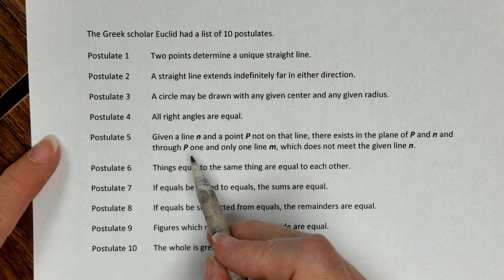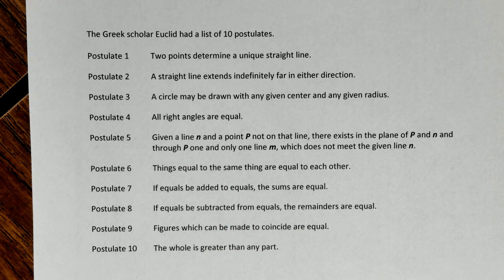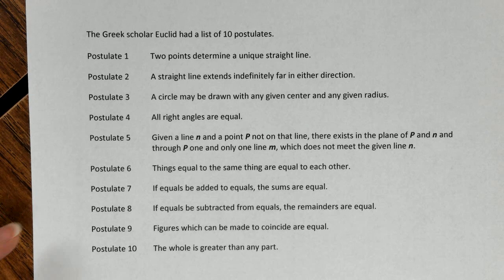So this one, given a line N and a point P that is not on that line, there is somewhere in the plane they're on a line that goes through point P that doesn't intersect with N. There's some parallel line to N that goes through that point. And just one. Postulate 6, things equal to the same thing are equal to each other. 3 plus 1 equals 4, 2 plus 2 equals 4, therefore 3 plus 1 equals 2 plus 2.